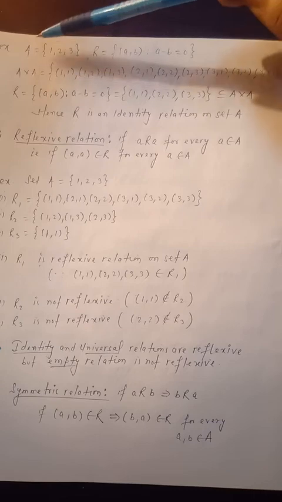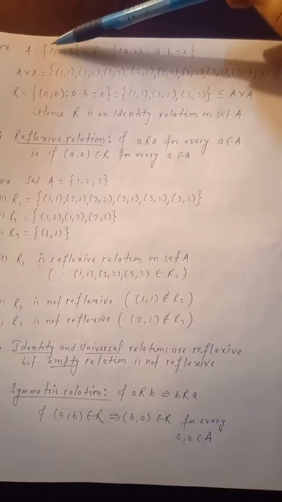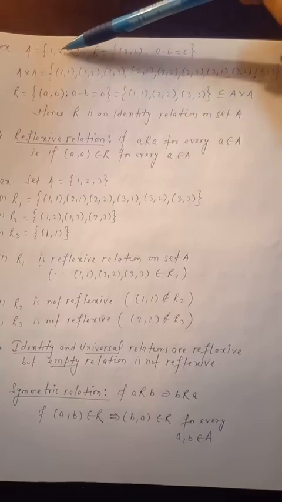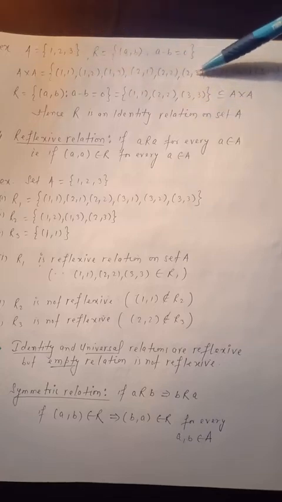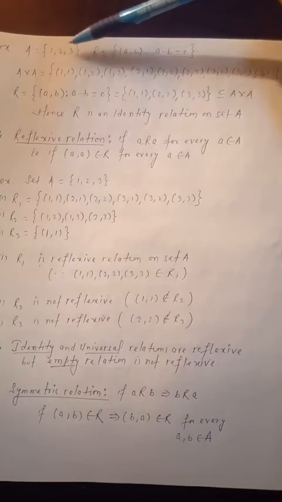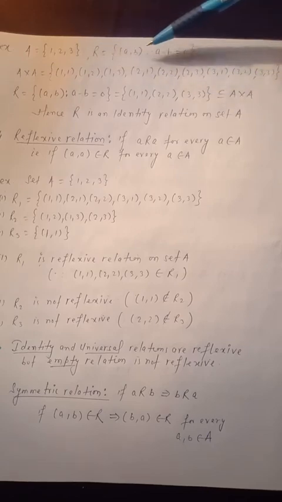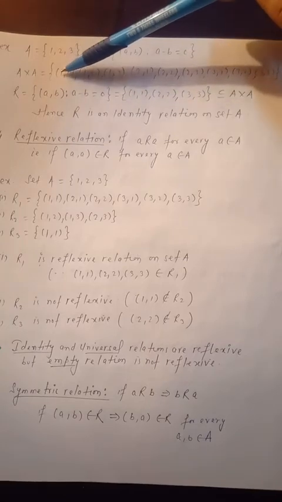So first write A cross A. So A cross A will be (1, 1), (1, 2), (1, 3). After this (2, 1), (2, 2), (2, 3). Finally (3, 1), (3, 2), (3, 3). So this is A cross A. Now come to the relation where a minus b is equal to 0. Here 1 minus 1 is 0.